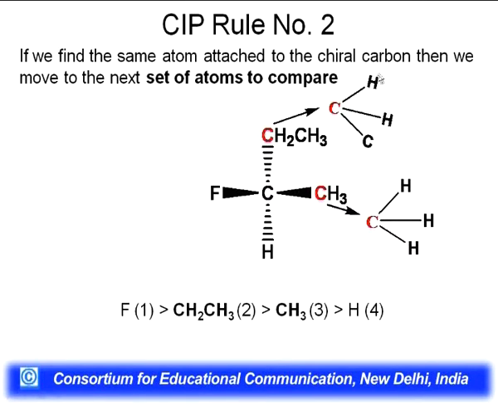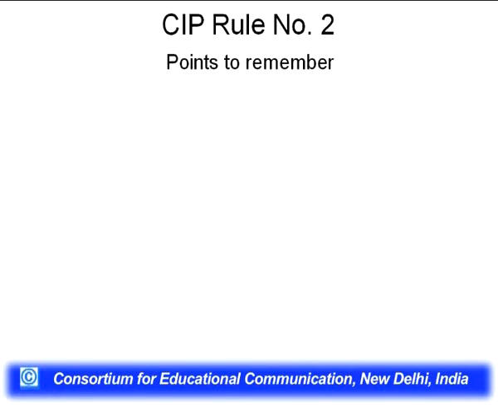If we cancel out one by one, the hydrogen here gets cancelled out by this hydrogen, and this by this, and we are left with carbon to be compared with hydrogen. When we compare carbon and hydrogen, remember rule number 1, higher atomic number gets a higher priority. So, methyl is getting the third priority and ethyl is getting the second priority in this case. Ethyl wins over methyl.